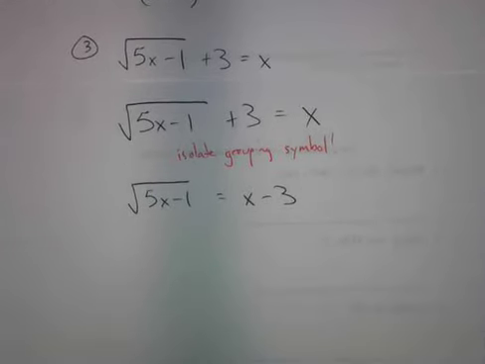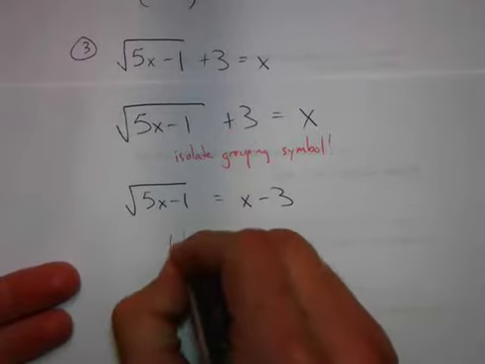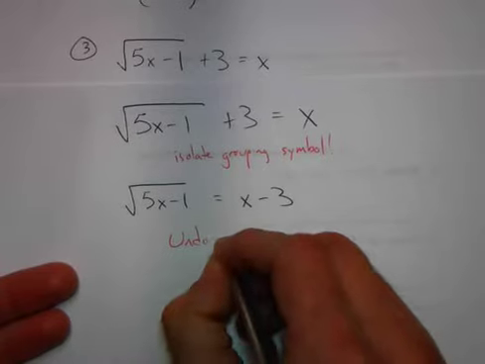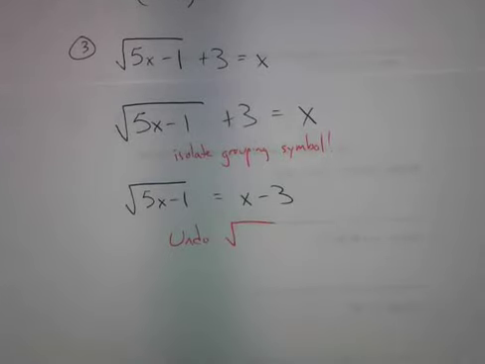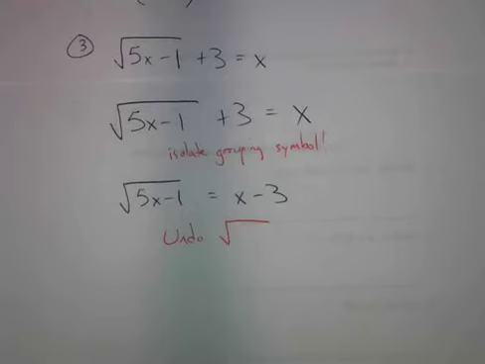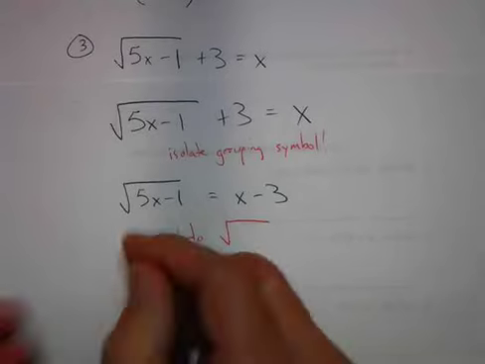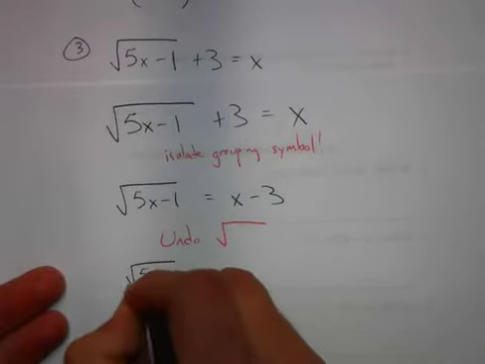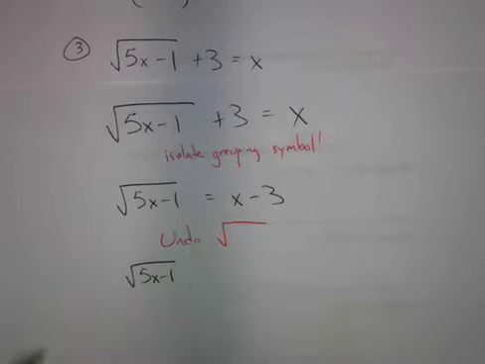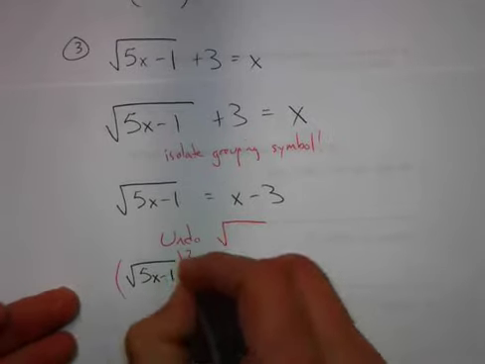Now we have to isolate the grouping symbol, and then we do the same thing we've done before: we're going to undo the grouping symbol. We're going to undo that square root, or raise both sides to the inverse power. So what that means is we're going to take the left-hand side and raise it to the second power.